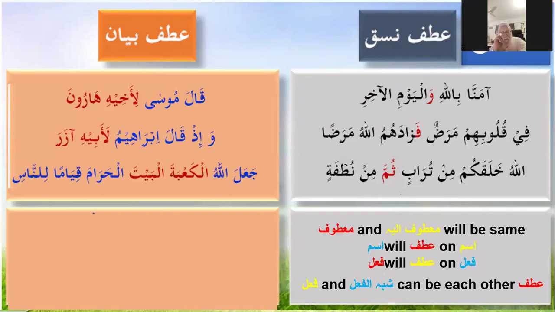"جعل الله الكعبة البيت الحرام قياما للناس". Al-Kaaba, al-bayt. We know Baitullah. Break this: Ja'alallahu al-Kaabata, and then read al-bayta. The same meaning. Kaaba is the same as al-bayt which belongs to Allah.